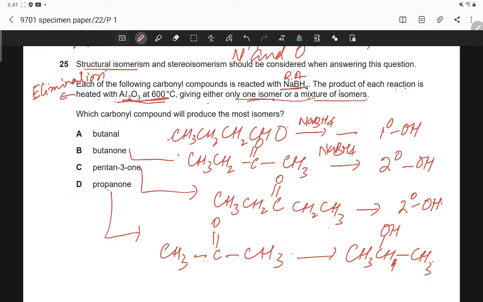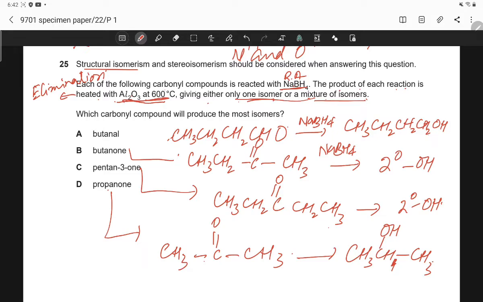So butanol, primary alcohol. So look at this, CH3, CH2, CH2, CH2OH.